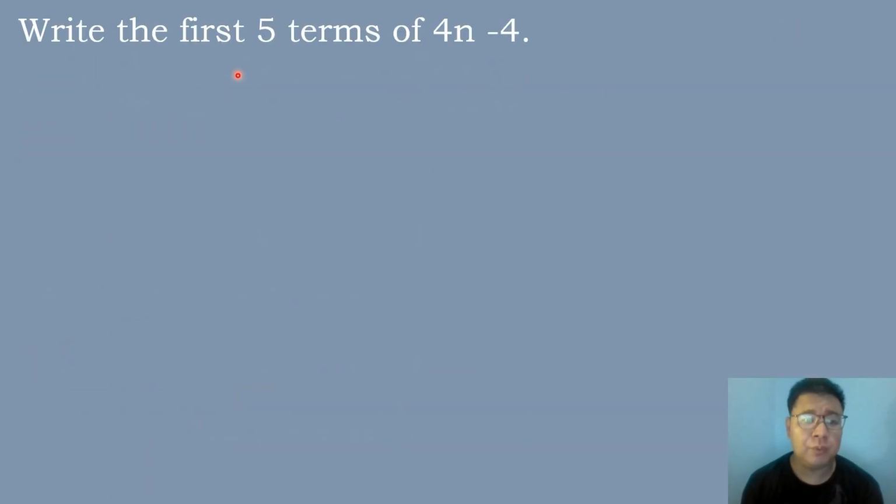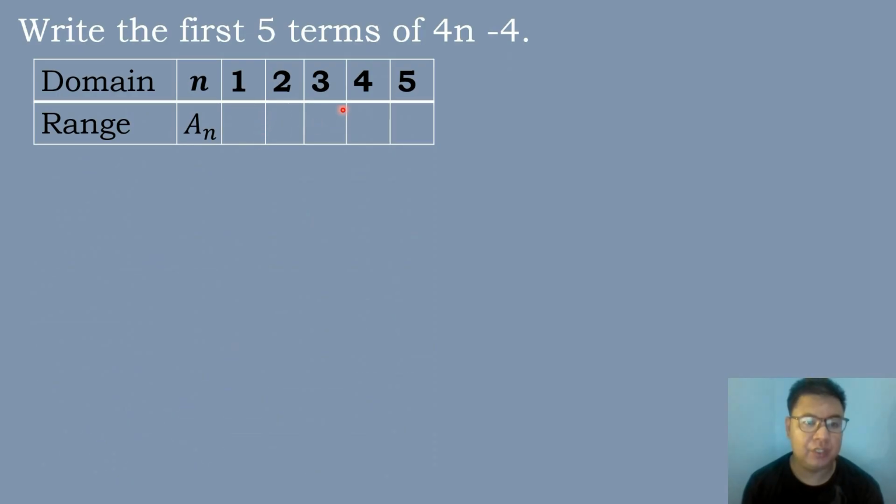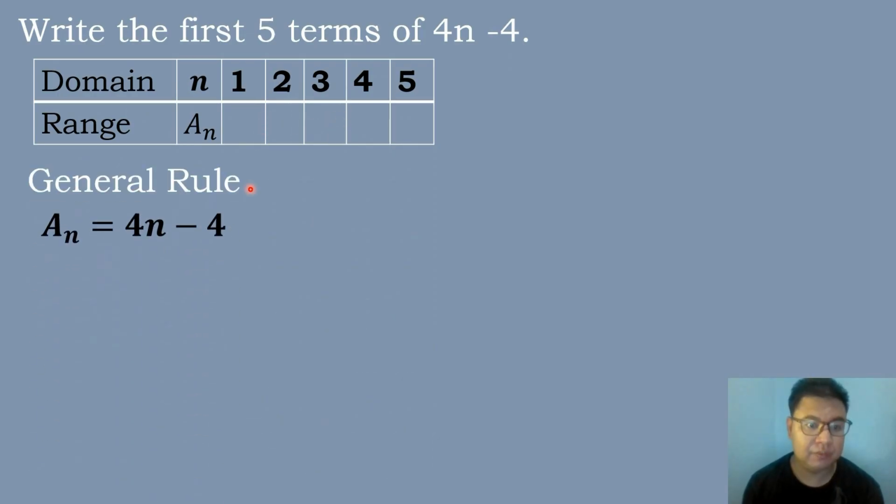Let's now try to compute the first 5 terms of the sequence with the general rule 4n minus 4. So we have the following domain and range. The general rule is a sub n is equal to 4n minus 4. We need to use the general rule and substitute the value of n.